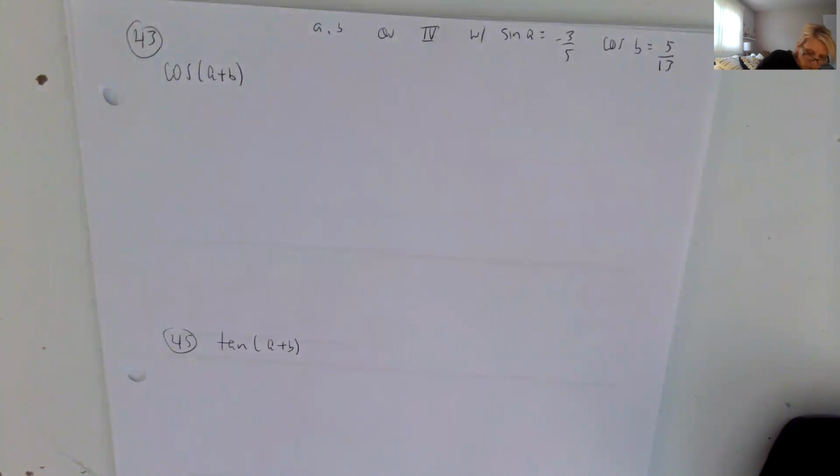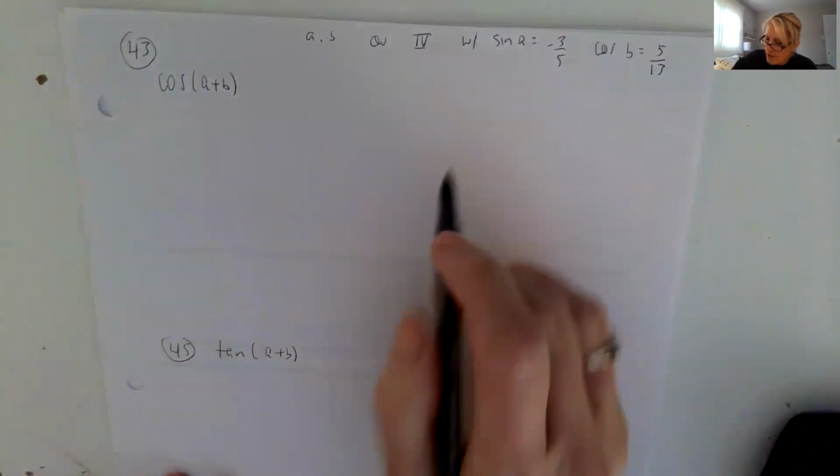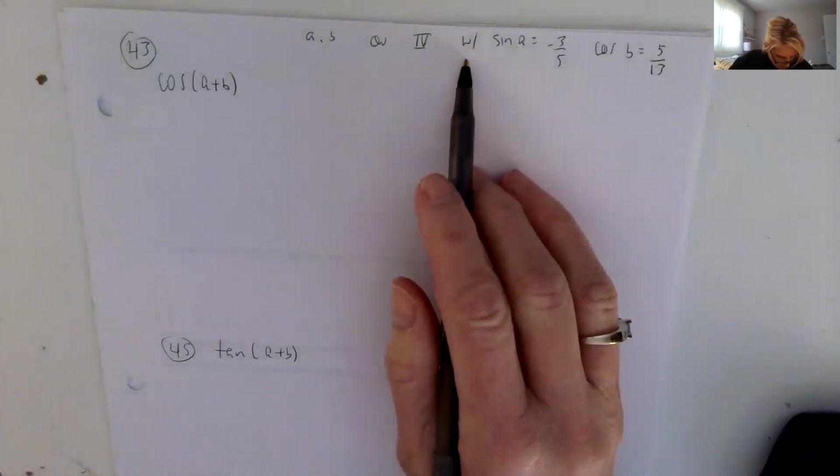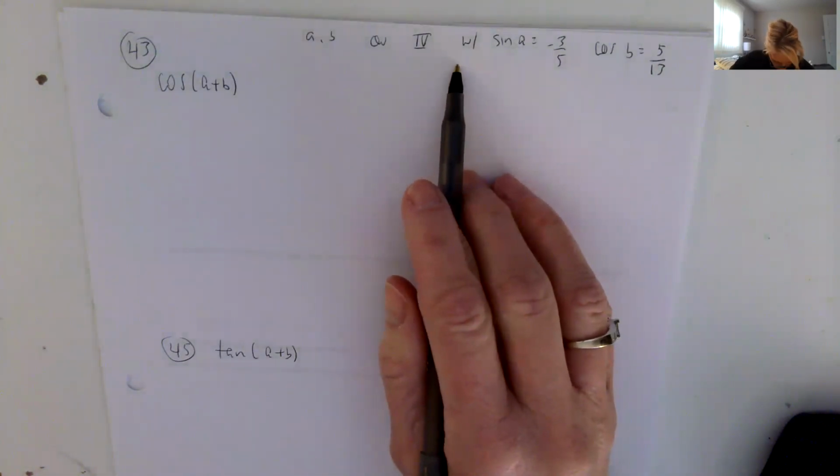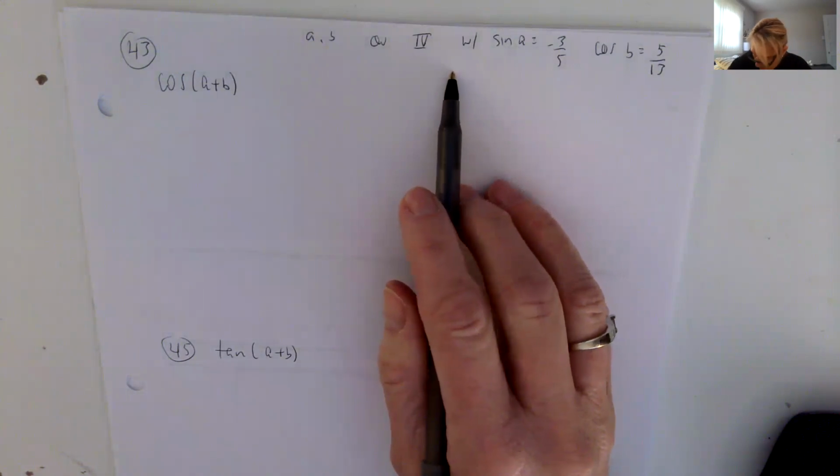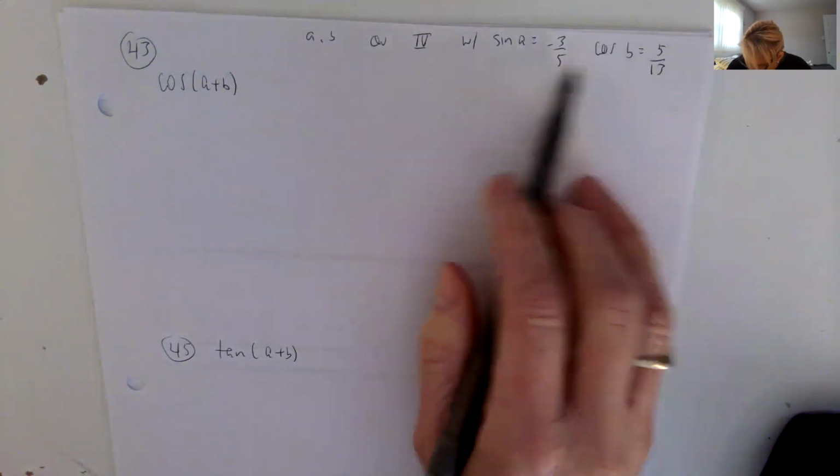Okay, so we're at number 43. We're looking at the cosine of A plus B, where we're in quadrant 4. And these are the values.